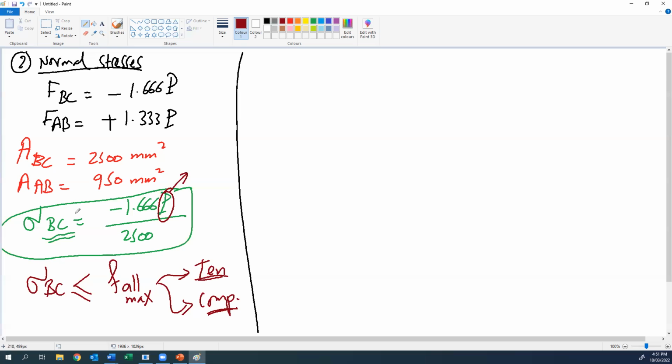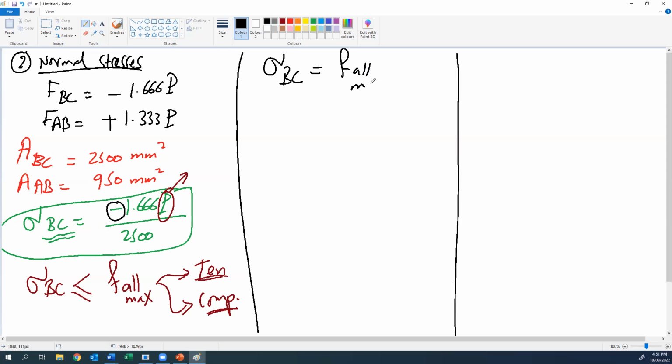So I will make it easier for you. This member is under tension or under compression with the negative sign here? Under compression. So if it fails, it will fail under compression. So to get the value, we need to equalize sigma BC to the maximum allowable stress in compression.